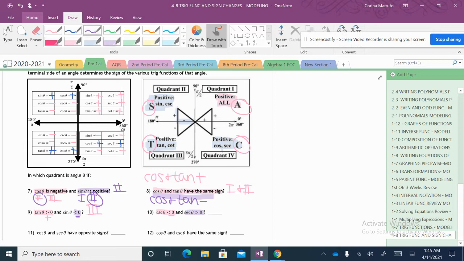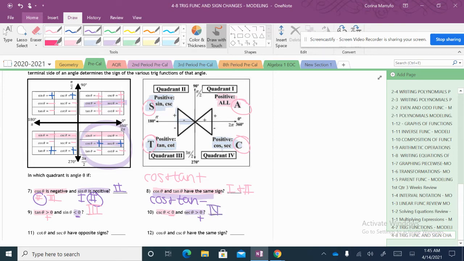Greater than is a fancy way of saying secant is positive. First I'm going to look for where cosecant is negative. Cosecant is negative here and here. And then secant's positive here and here. So the quadrant that satisfies both conditions is going to be quadrant 4. Right here, I'm just going to put a 4.